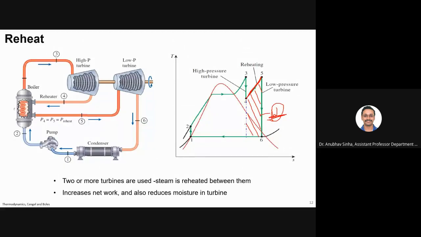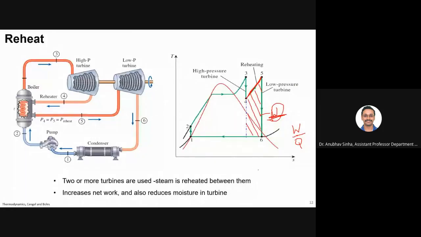See, don't confuse it with the second law. I'm not saying that the amount of work will be more than the amount of heat supplied; it cannot even be equal, as that would violate the second law. Don't go there. But if you look at this, this is the work that we were getting earlier, and now we are getting this much addition. So overall, W net by Q is what we are looking at, and that improves with reheat.